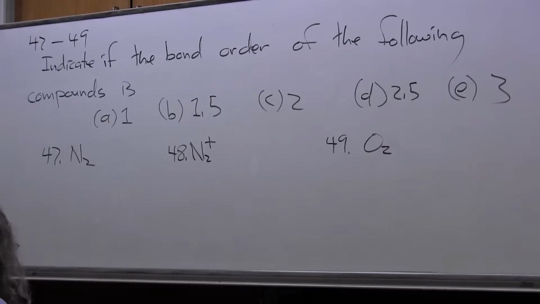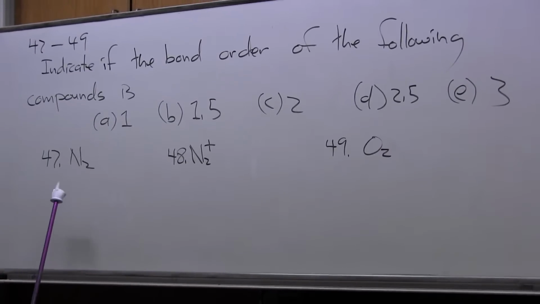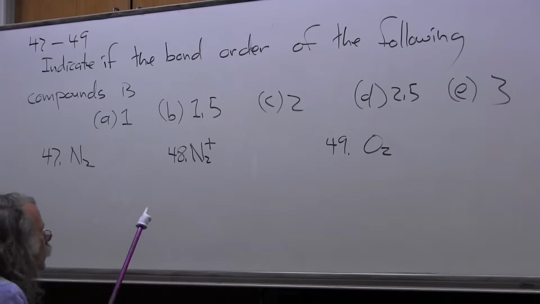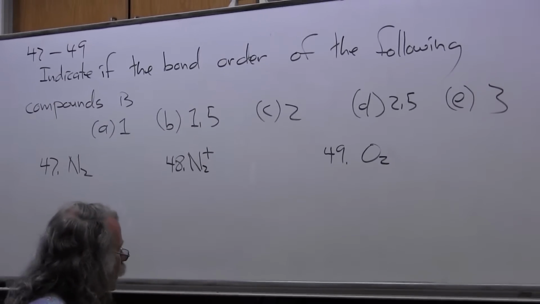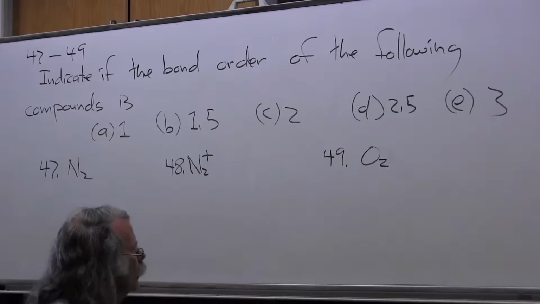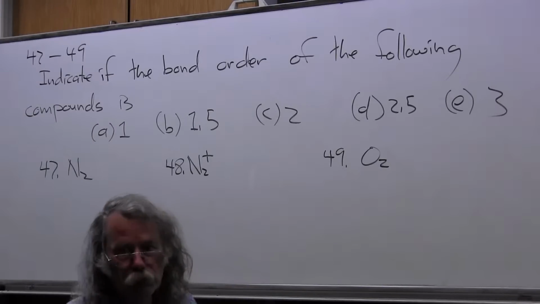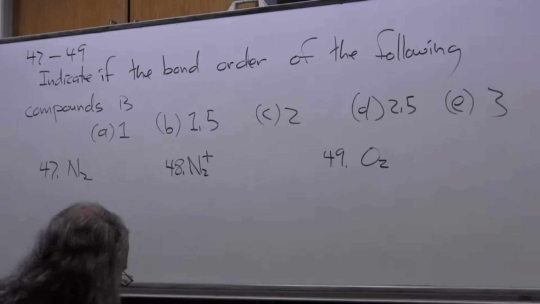And the compounds we're given are for 47, nitrogen, 48, the nitrogen cation, N2 plus, and 49, O2, or oxygen.